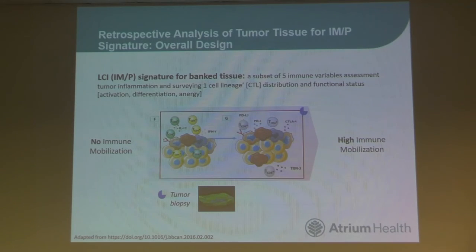To answer this question, we are going back to tissue that we collected in 2016 from those patients. We have developed a condensed version of our IMP panel that is designed for blood and single cells from the tumor, but we can also do some of it on tissue using pathology assays, histology.